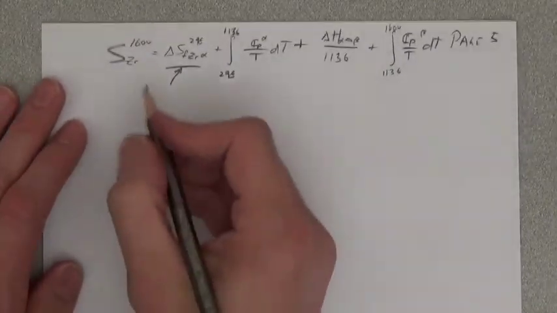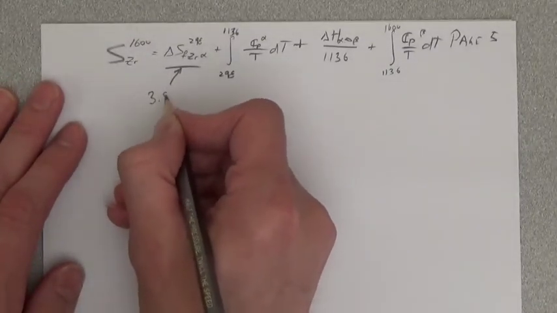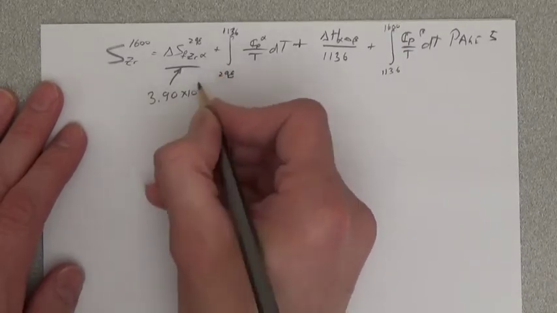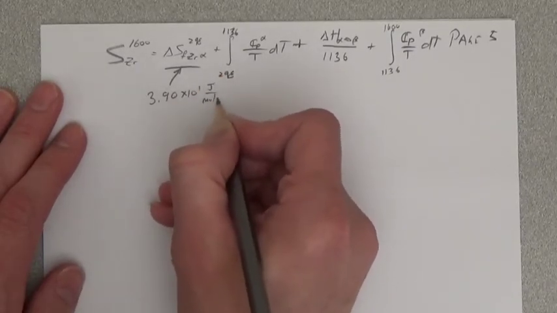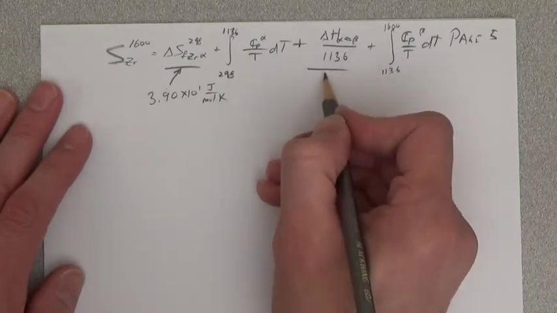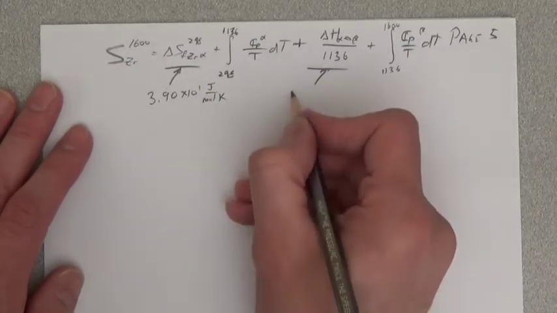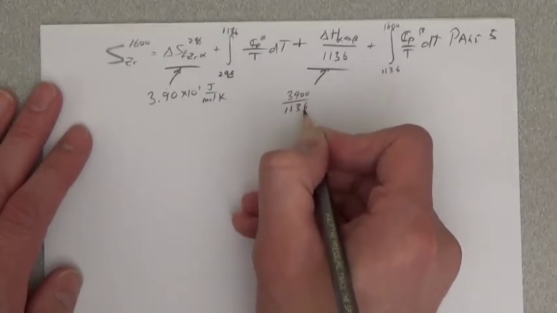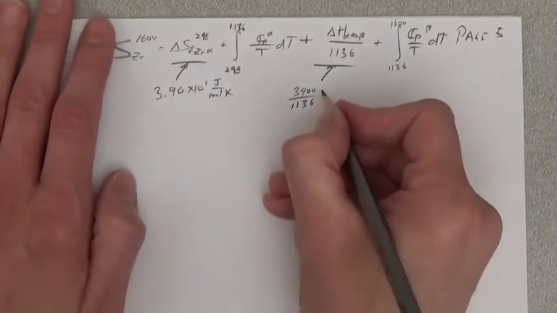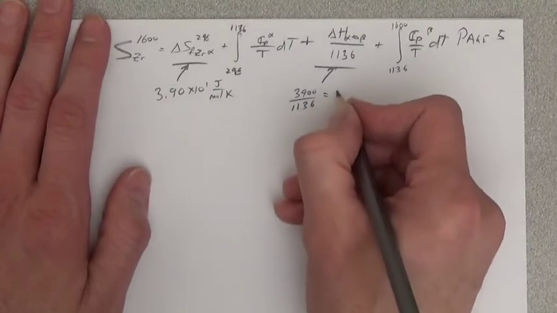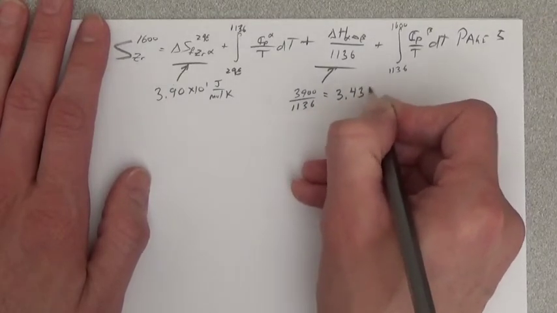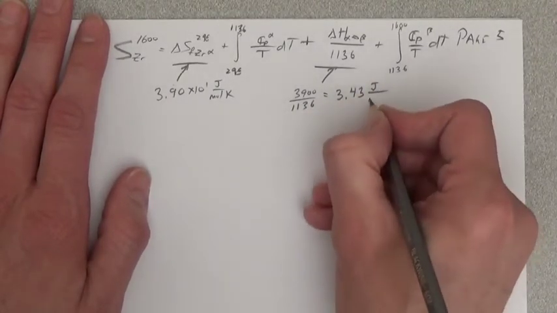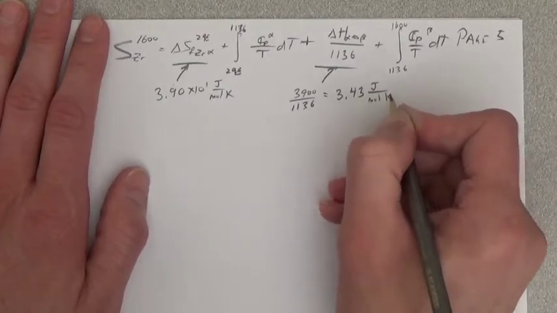This we find to be 3.90 times 10 to the 1 joule per mole K. That is 3900 divided by 1136, which is equal to 3.43 joule per mole K.